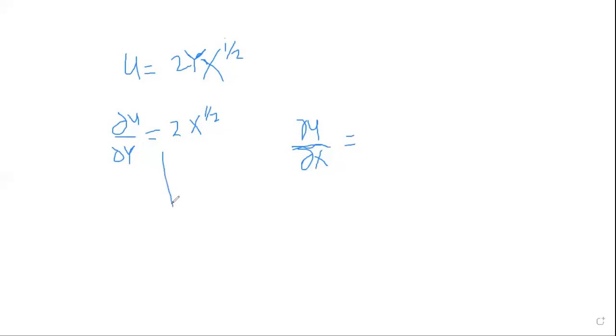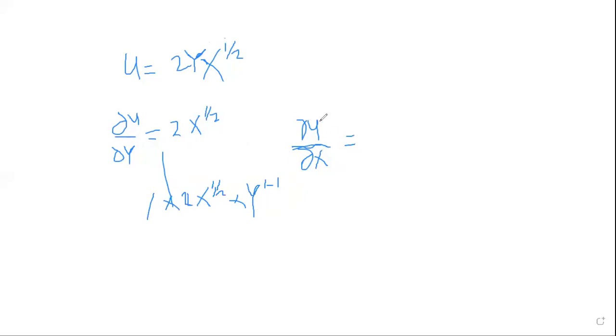Because I'm going to assume that the 2x to the power half is a constant. So it would have been the power of y, which is 1, so it's going to be 1 times the 2x to the power half times y to the power 1 minus 1. And this is 0. So you are left with just 2x to the power half. Please take note of that.